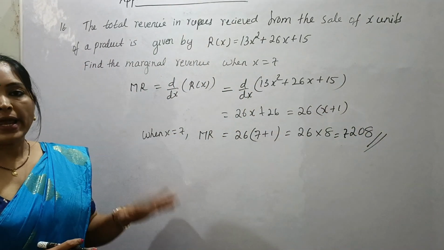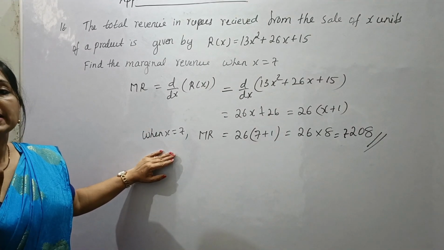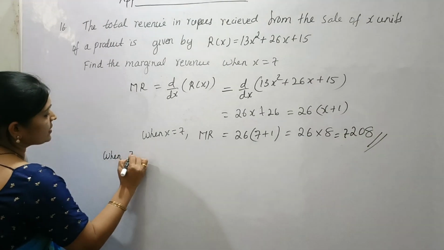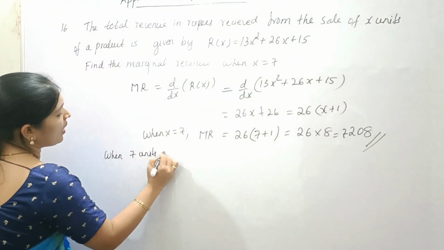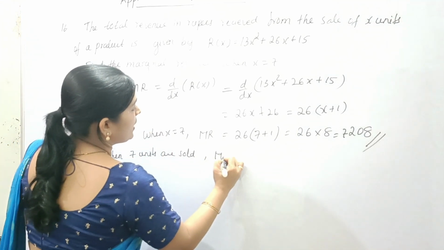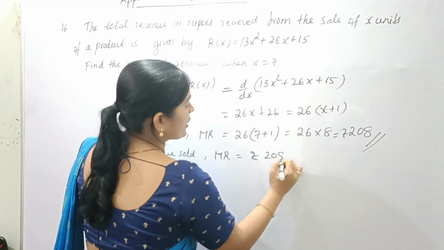So 208 rupees is the marginal revenue when 7 units are sold.